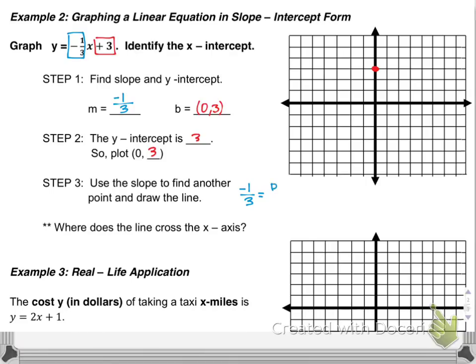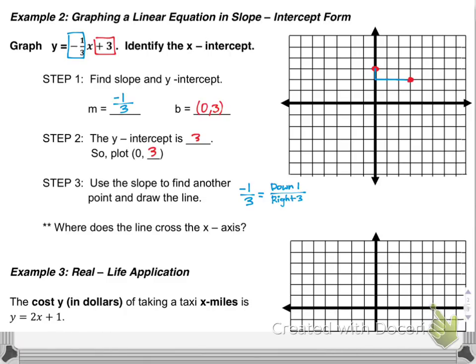That's right, it's down 1. +3 in the denominator, is that right or left 3? That is a right 3. And so I'm going to start at my red coordinate point, and I'm going to go down 1 to the right, 1, 2, 3, and I'm going to put another coordinate point right where I land.